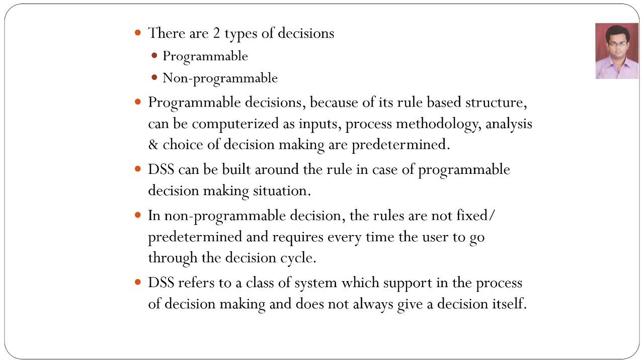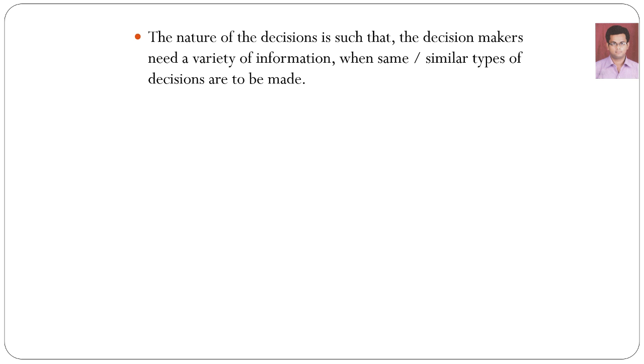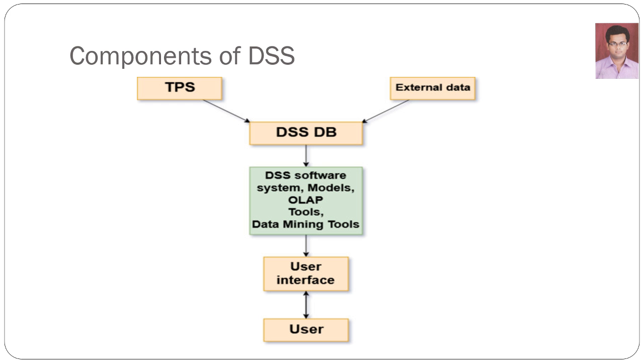DSS refers to the class of systems which support the process of decision making and does not always give a decision itself. The nature of the decision is such that the decision makers need a variety of information when similar types of decisions are to be made.